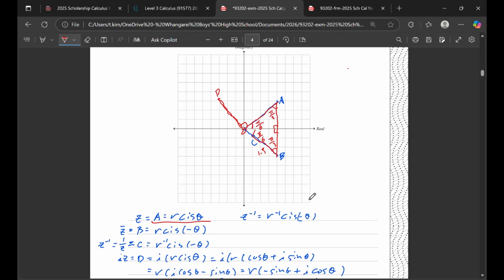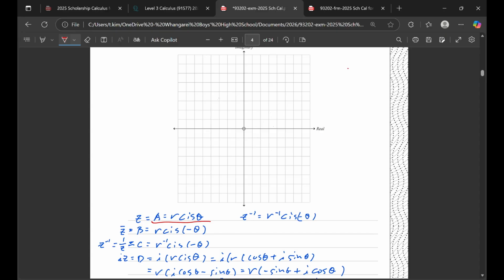So what I'm gonna do is I will rub this out. That was a sketch to understand what we are doing. Now, I will say A is, what was A?